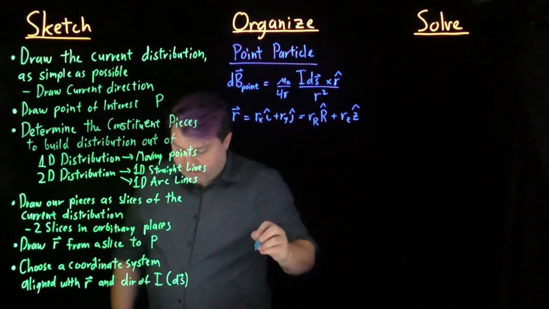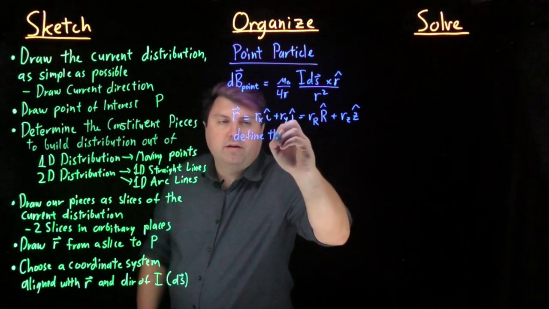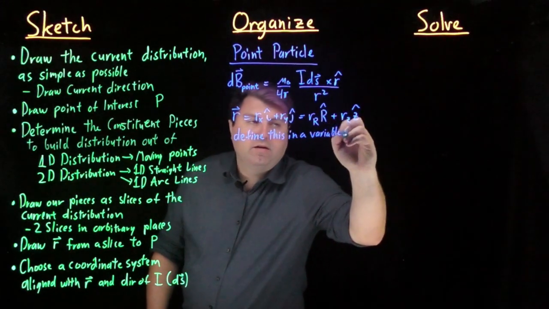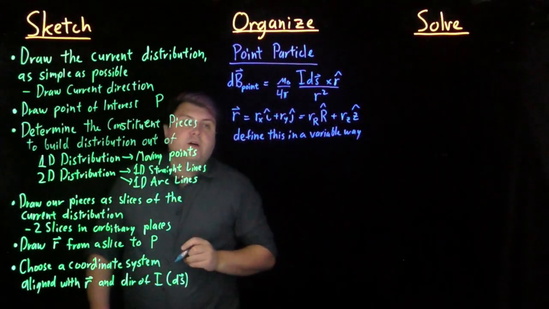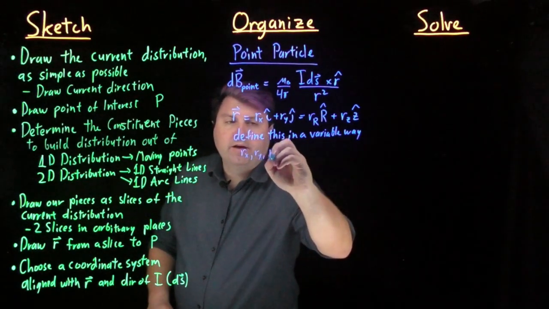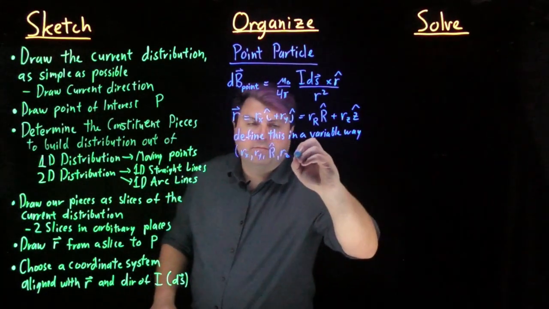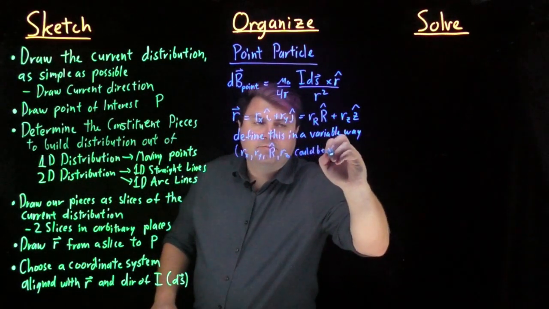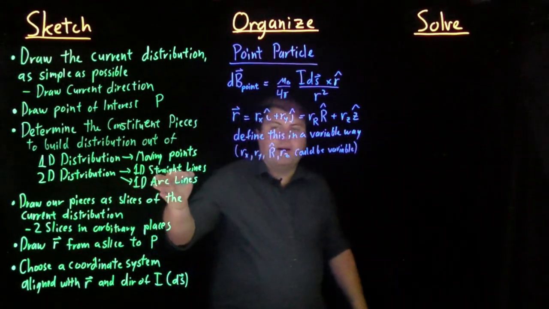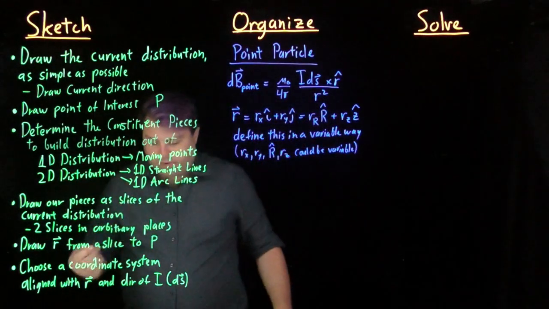And similarly then, we want to define this in a variable way. So what can be variable? Variable could be Rx, could be Ry, could be capital R, could be Rz. And we want it to be variable such that it defines our R vector for all possible slices instead of just one possible slice.